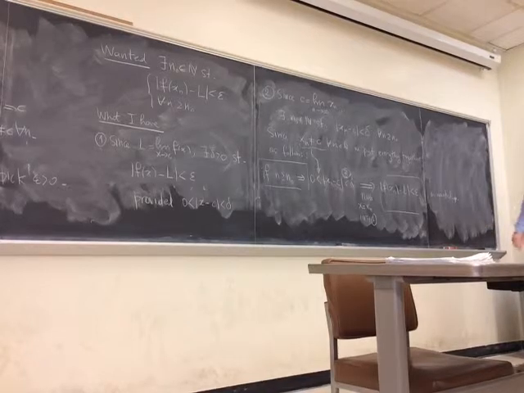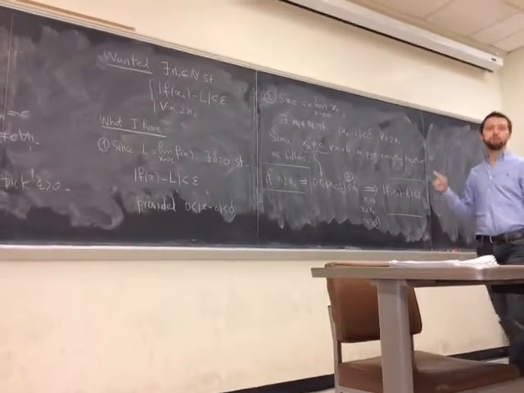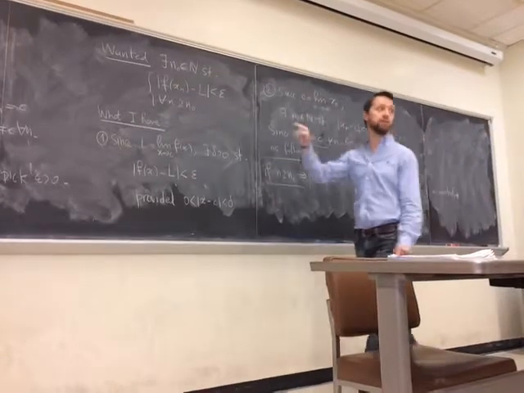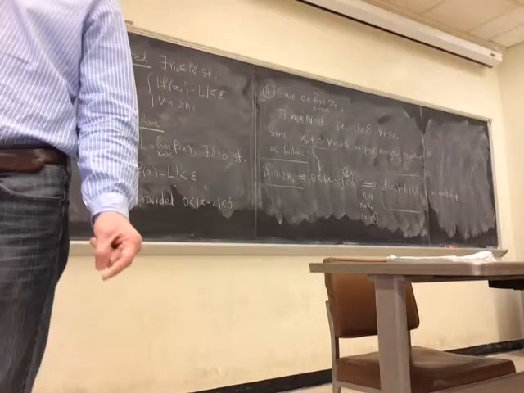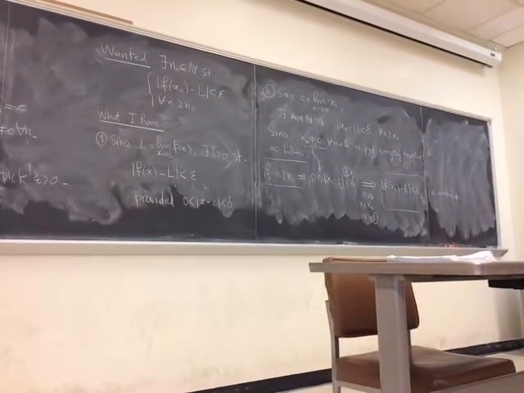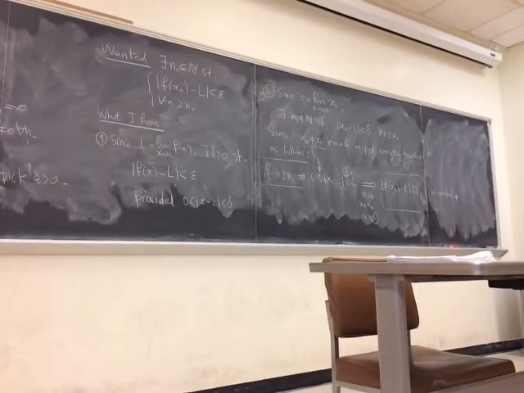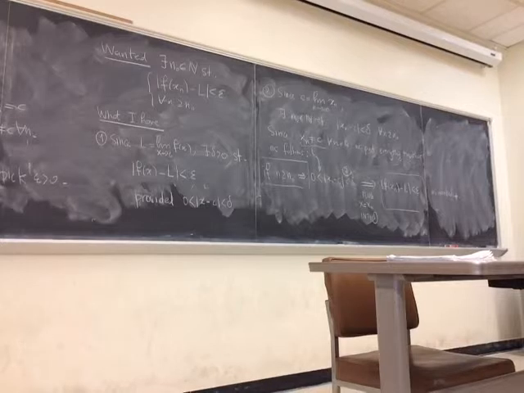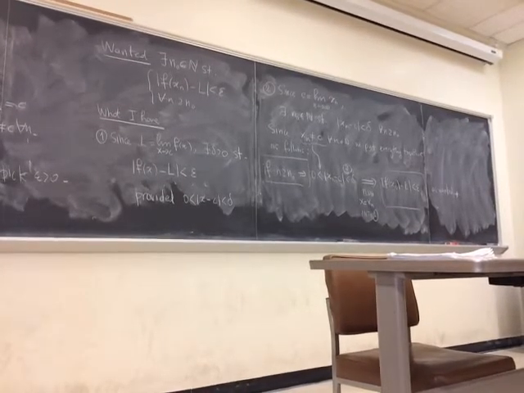For this implication. Now we have to prove the other one, right? So we have to prove that if we have all the sequential limits, then we actually have a limit in the sense of the epsilon delta definition. So we have to prove the other half of the theorem. The half that tells you that if the limit exists, then you have the same limit along every sequence.